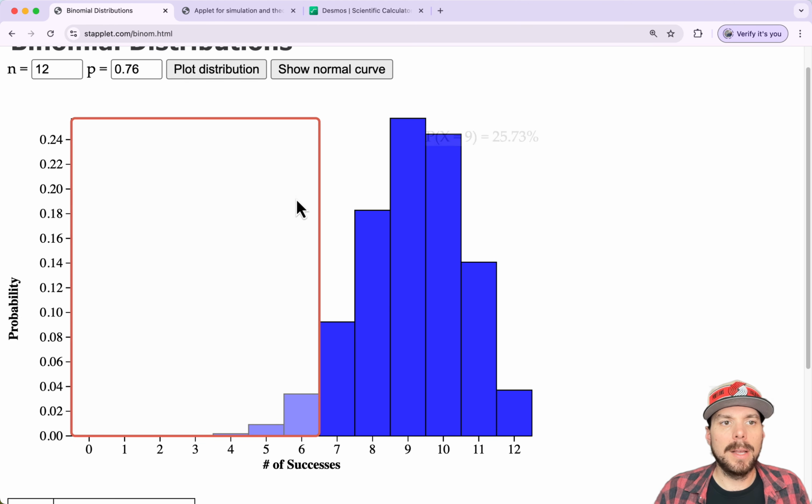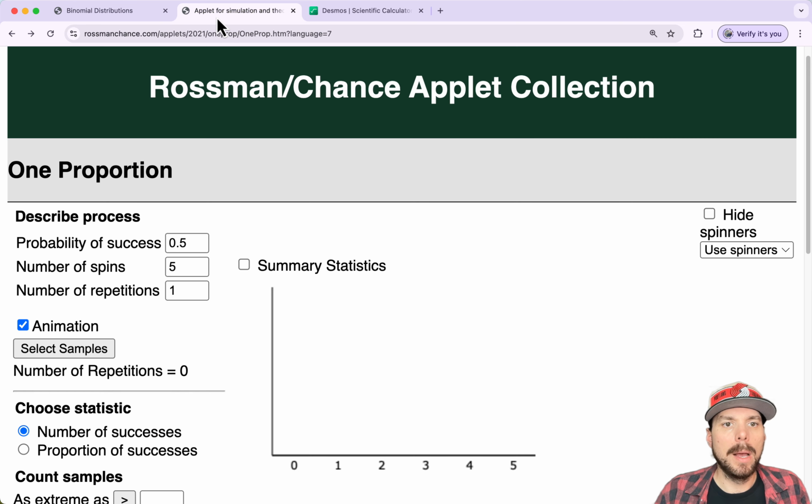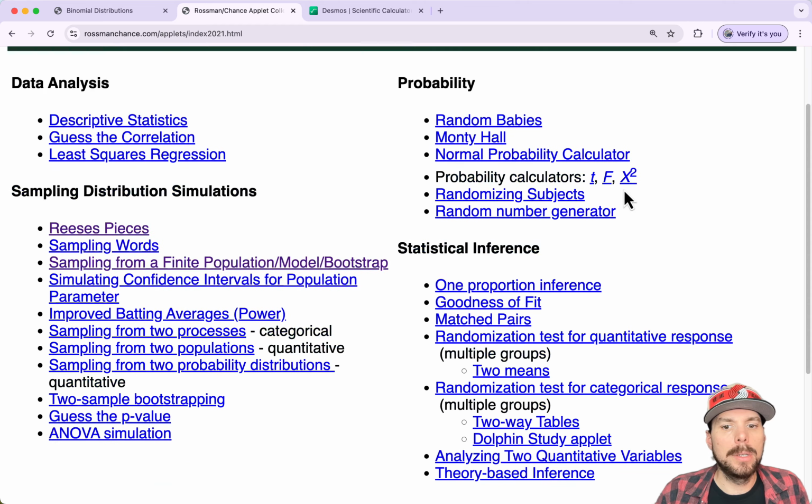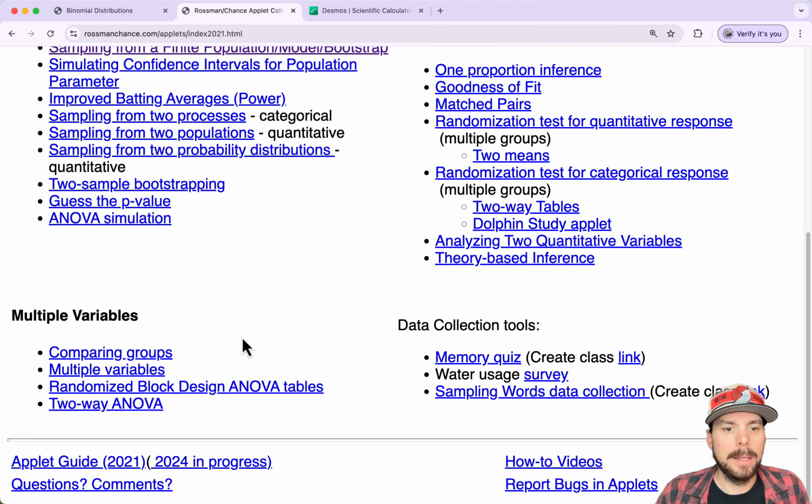Now, this is just a theoretical distribution of what we expect and what percentage of the time we expect it to happen. This is not the same as a simulation. I'll use a Rossman Chance applet collection, the one proportion applet, to simulate this situation. If you just look at the entire Rossman Chance app collection, you won't find this in the list.